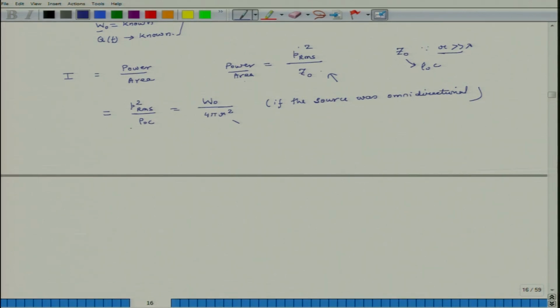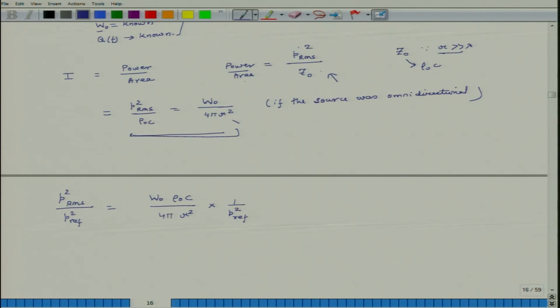So, from this equation, I can rewrite this as the square of RMS pressure divided by the square of reference pressure is equal to what? W naught rho naught C divided by 4 pi r square, into 1 over P reference square.